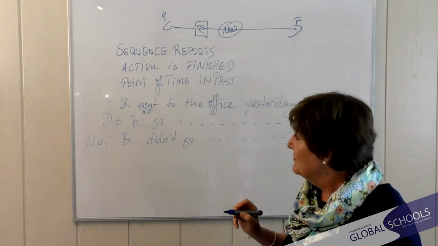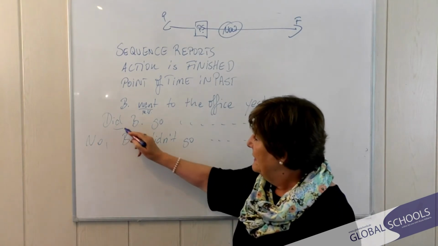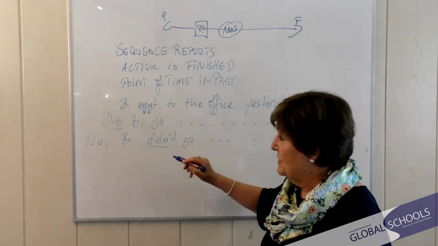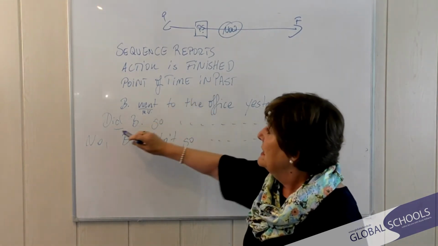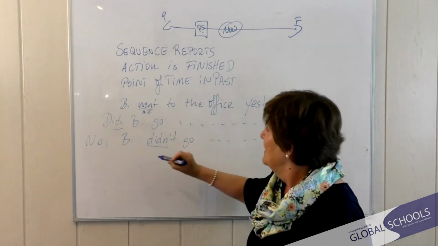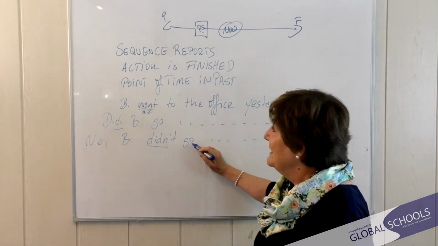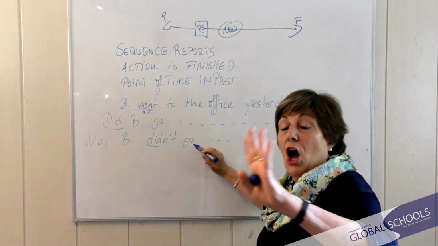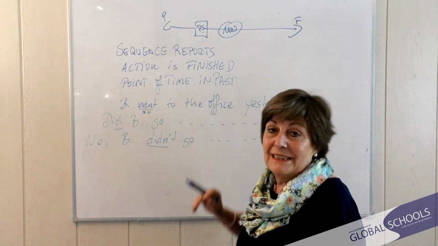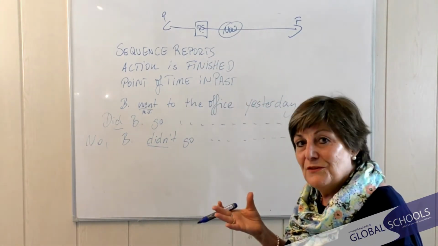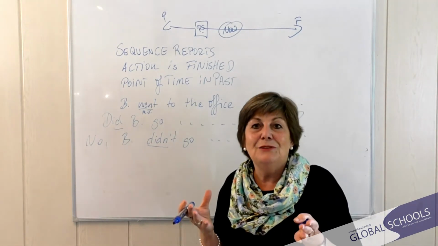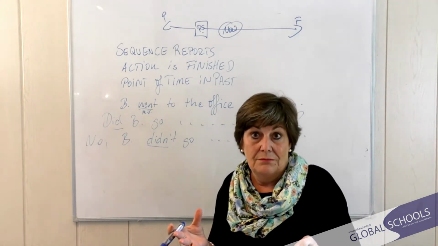So you see, when I have did or didn't, our auxiliary verb, I use the infinitive. Did Barbara go? No. Barbara didn't go. And only in the positive statement do we have the major verb changed into past simple.